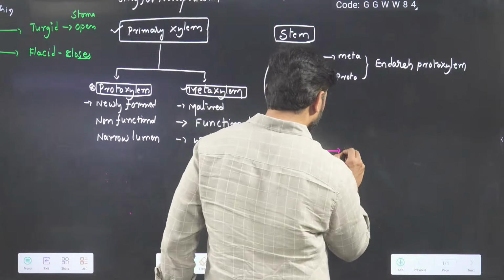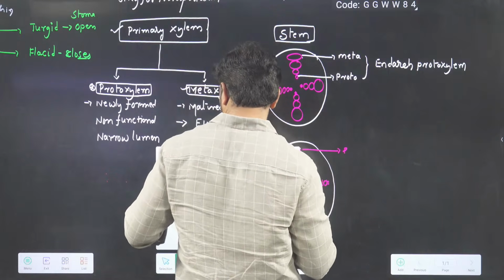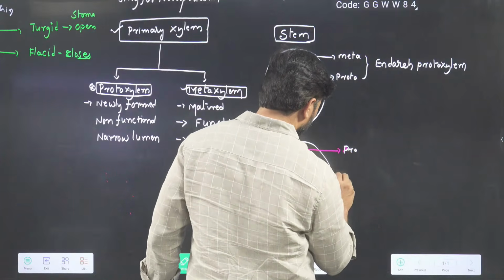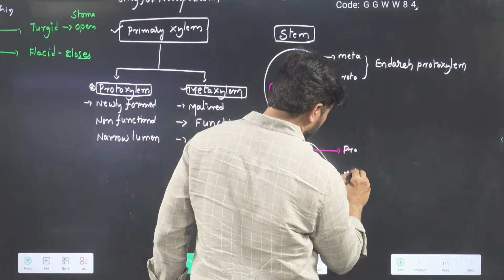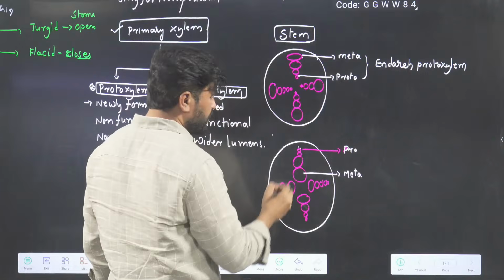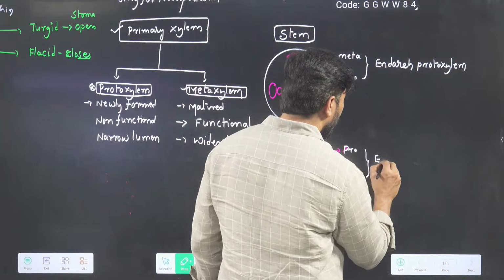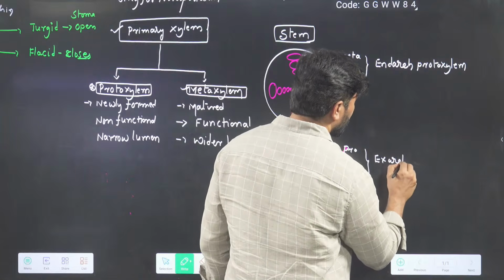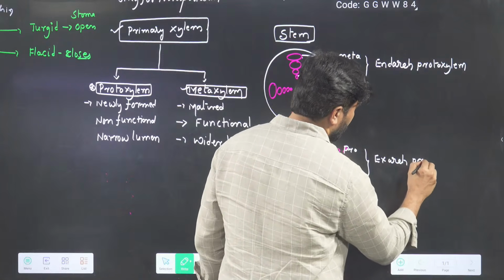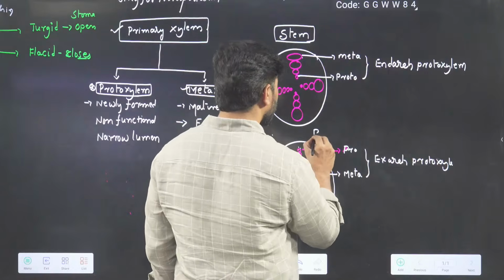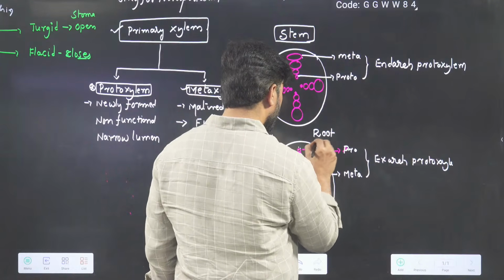This is proto, and this one is meta. Metaxylem center, protoxylem periphery. This arrangement is known as exarch protoxylem. Exarch protoxylem is the characteristic feature of root.